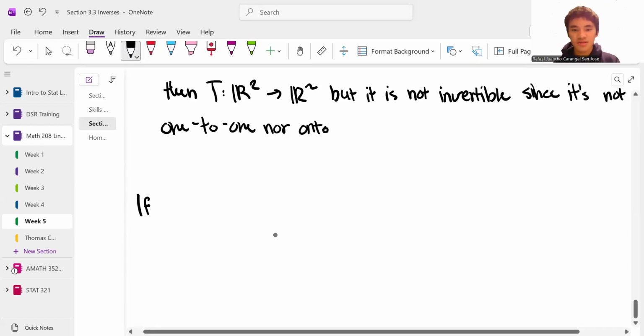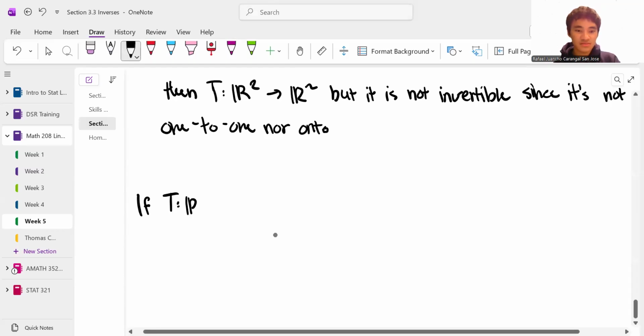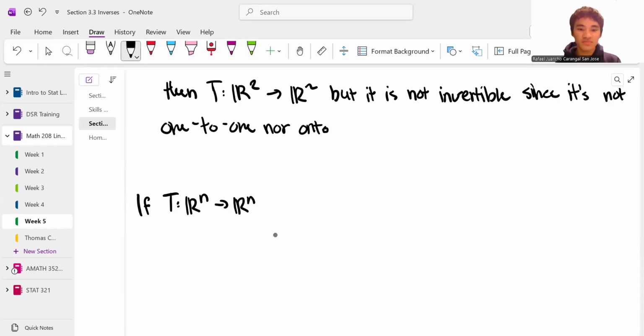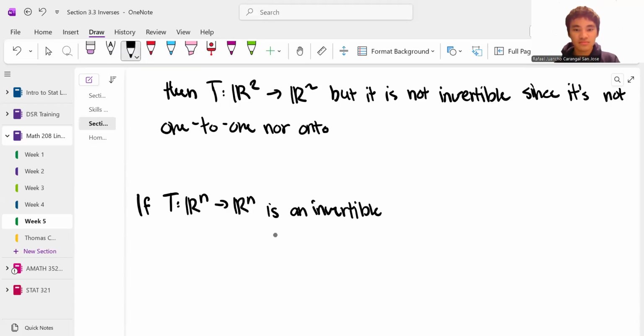Okay, let me keep going. So, here's the idea. We say, okay, we have a map from R^n to R^n. If this thing is indeed an invertible linear transformation, then what?